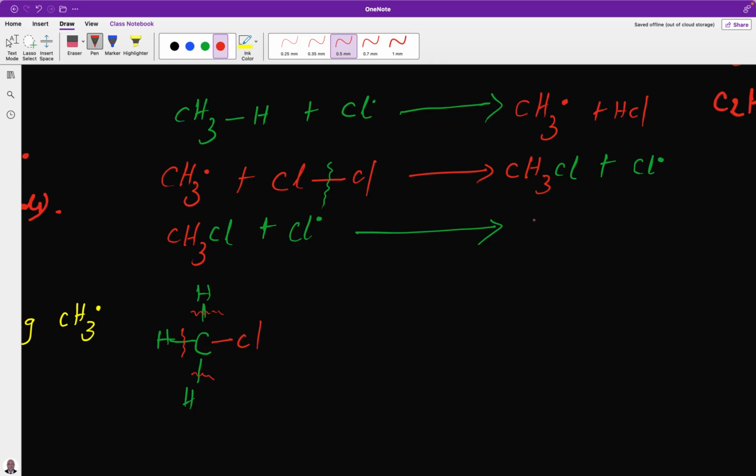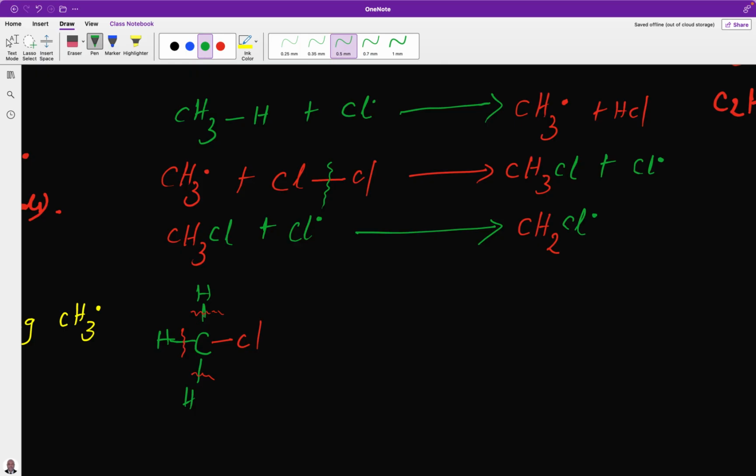It will be CH2Cl. We are substituting this, and when there is homolytic fission, hydrogen goes with 1 electron.